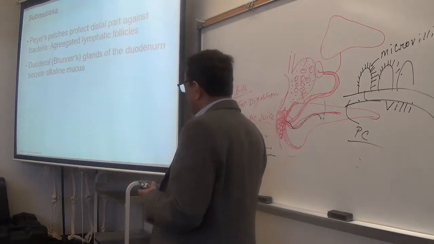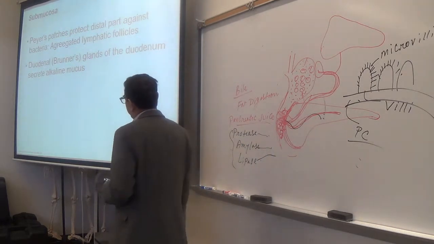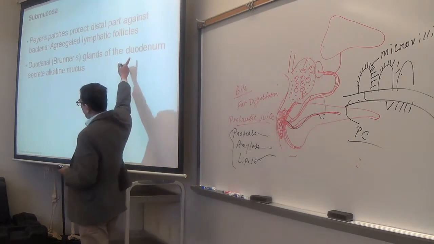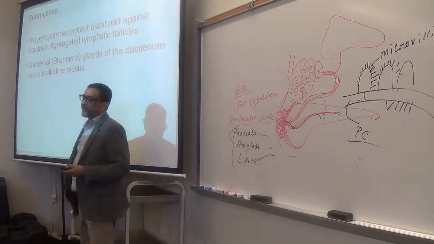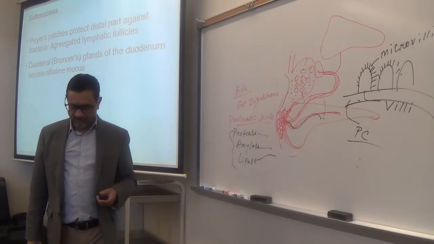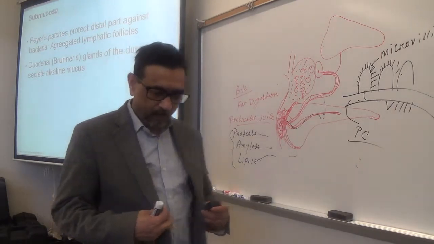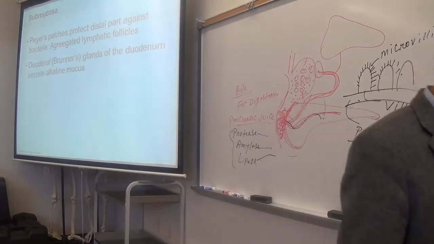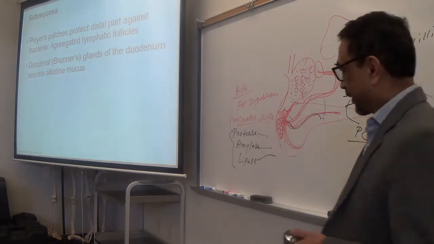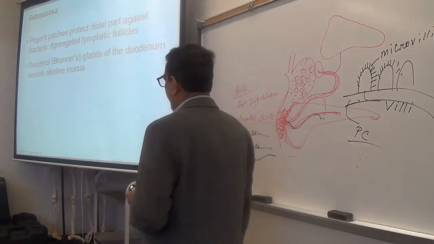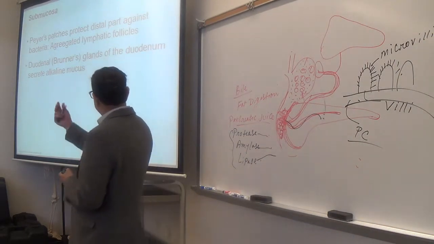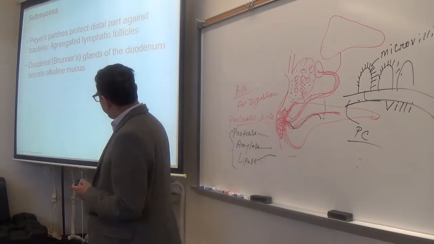And Brunner's glands are the glands of the duodenum that secrete alkaline mucus, that slippery secretion.